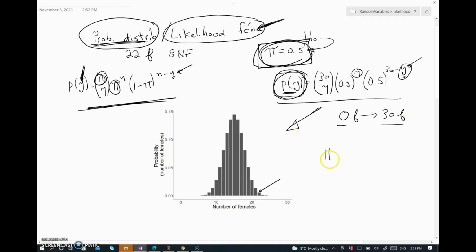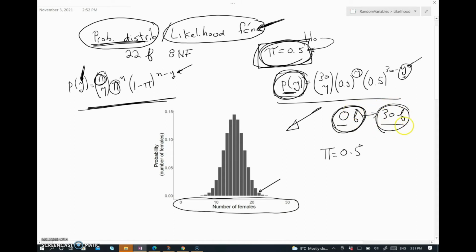So remember, pi is constant at 0.5. On the horizontal axis we're varying y, the number of females, so y goes from 0 females to 30 females. We plug y into this formula. What comes out the other end is p of y, and that is what appears on the vertical axis.